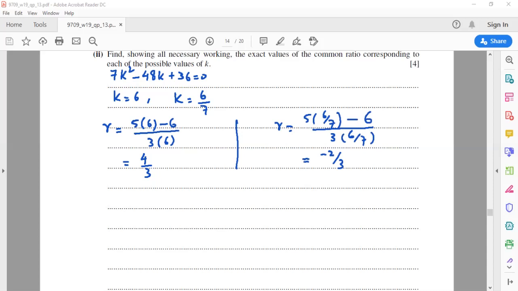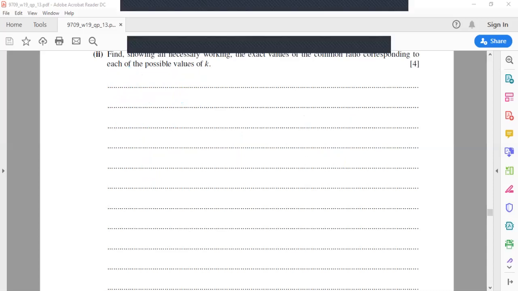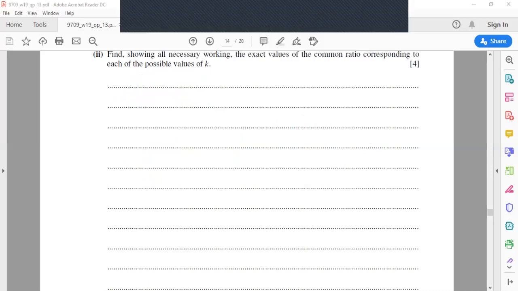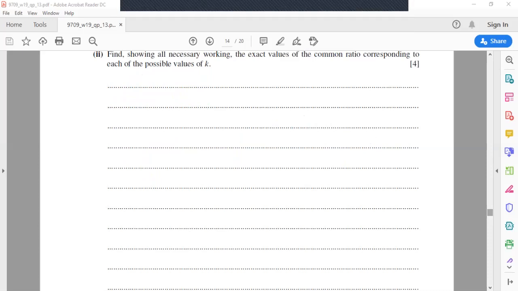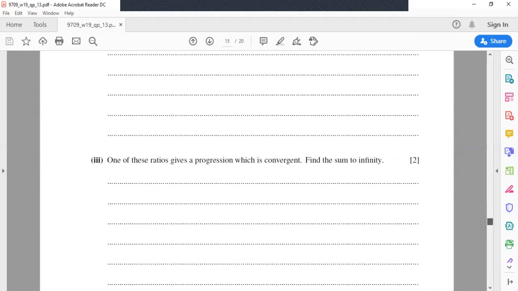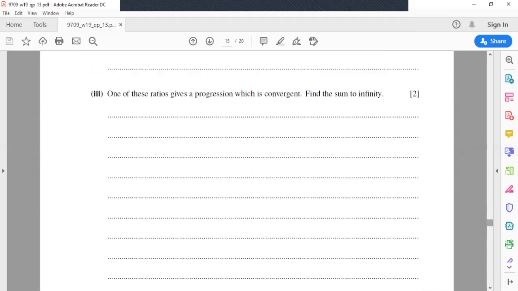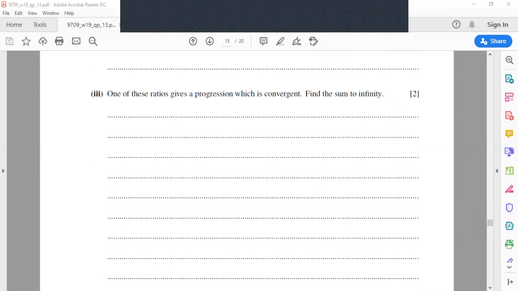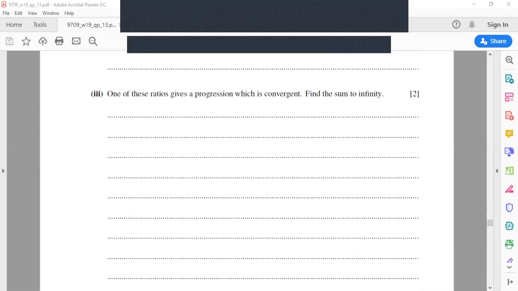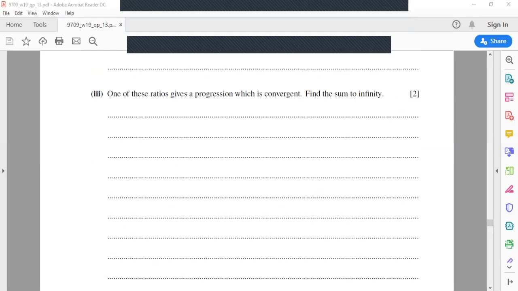Okay, let's go for the next one. The third part of question number 8: find the sum to infinity. The sum to infinity exists when the absolute value of r is less than 1, so we'll be using minus 2 over 3 as the value of r.